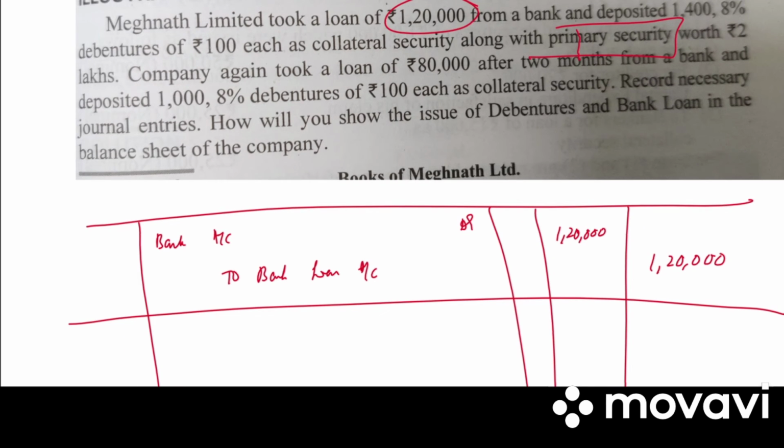So write the narration. Loan obtained from the bank, secured by primary security worth rupees 2 lakh and rupees 1,40,000, 8% debentures as collateral security.